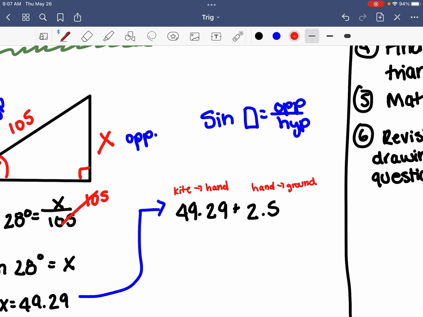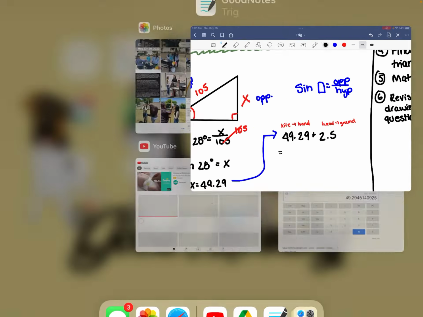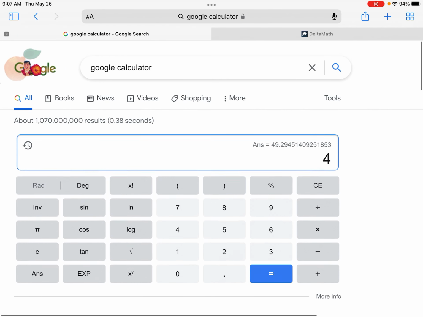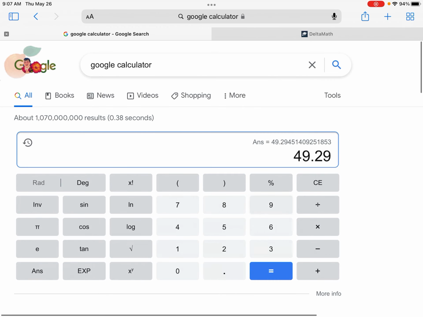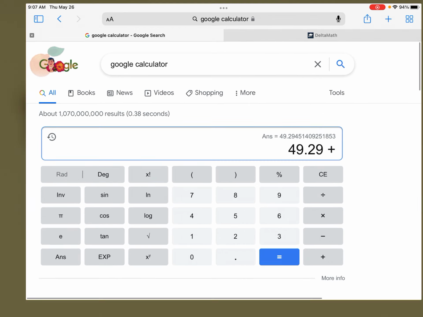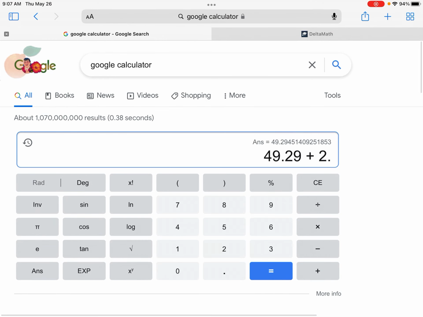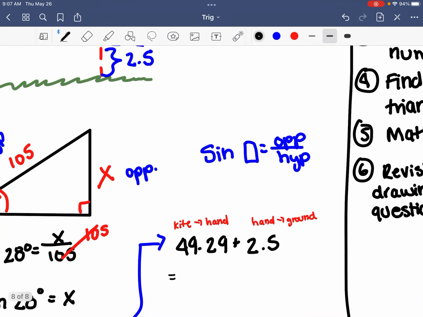So if I add these up, 49.29 plus 2.5 is 51.79.